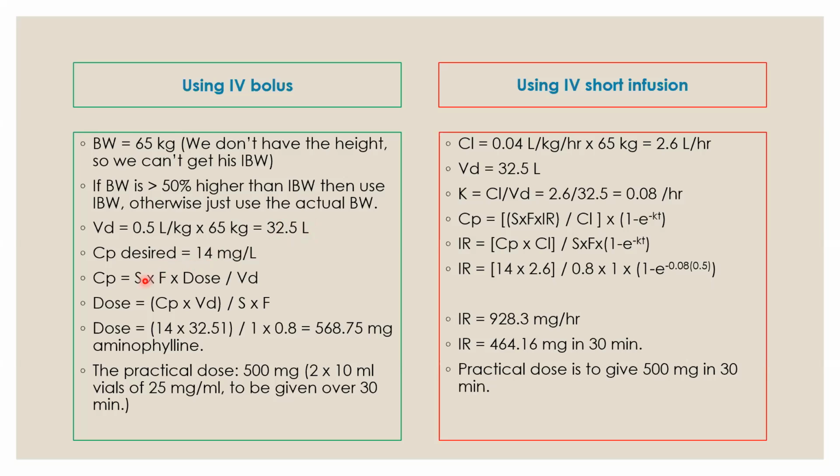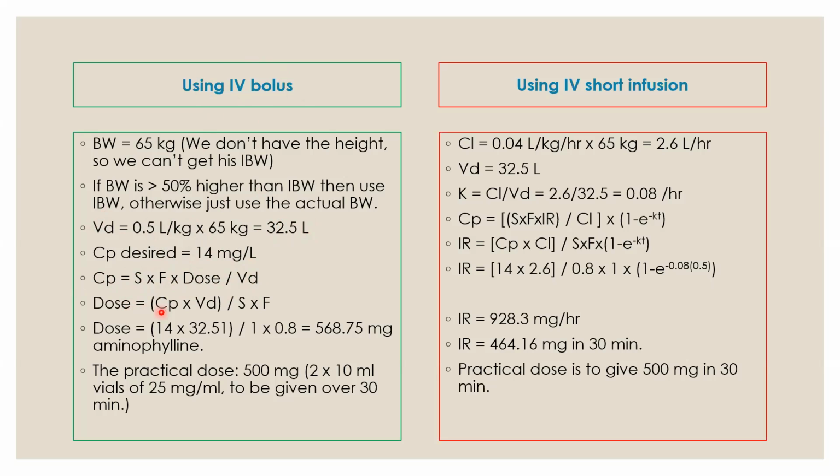So we just pop in this easy IV bolus formula: CP equals S times F times dose divide by VD. Or previously, this is what we normally use. This is the IV bolus.